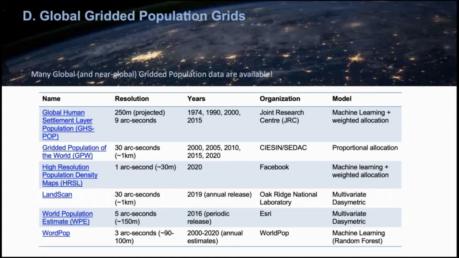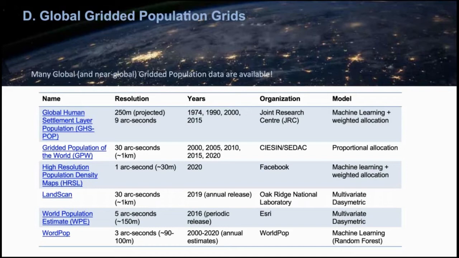And one of the reasons we produce the data set this way is that it is the simplest possible model and independent from any other biophysical or remote sensing derived variables. That is, it doesn't use something like distance to coast in the model to allocate population. So if you're interested in assessing coastal populations, you don't have to worry about endogeneity. You don't have to worry about the model being biased towards population near the coast.